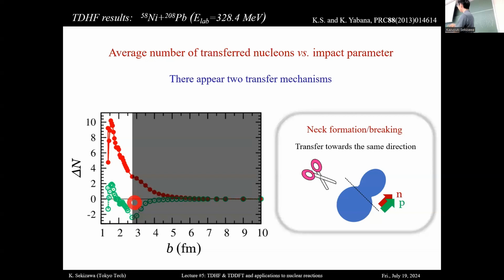After charge equilibration and forming a neck, the system splits into two by transferring neutrons and protons in the neck region to the lighter fragment.